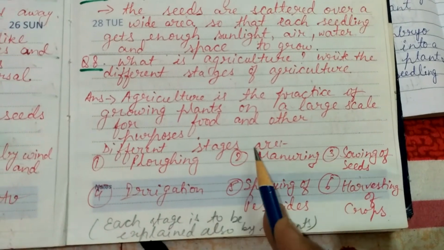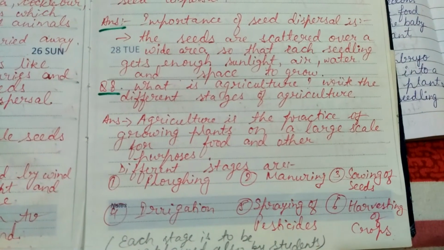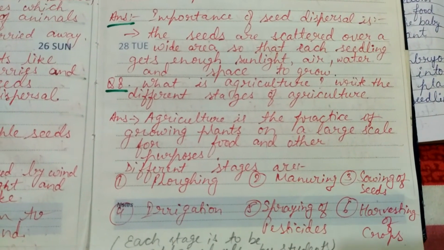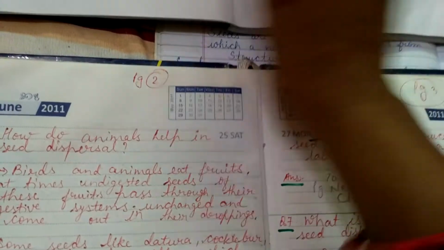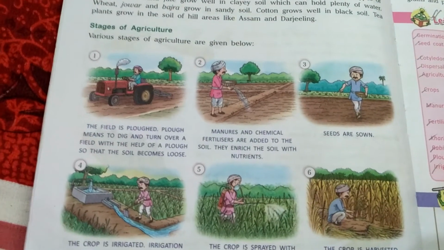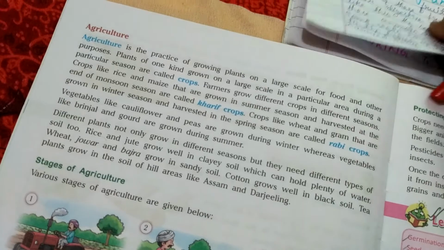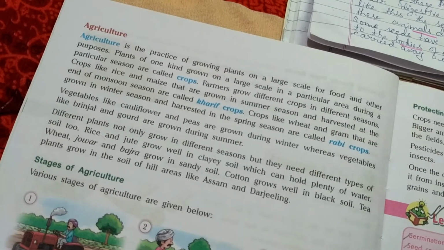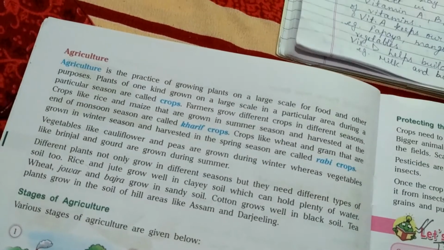Now, different stages, we have to write the different stages. Write the different stages means you have to explain each and every stage of agriculture, which I have already explained in my lecture videos. So you have to watch that part of the video of this chapter in which I have explained the stages of agriculture.